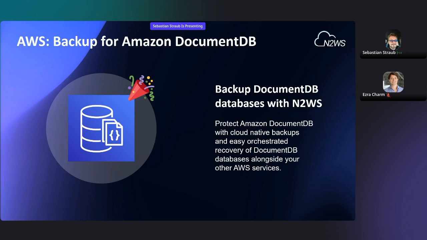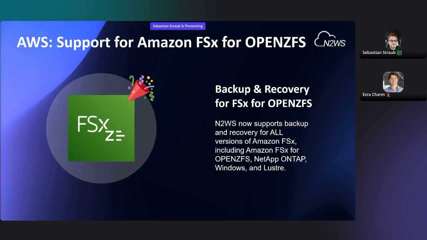The next one is support for FSx OpenZFS. Previously we already supported Lustre, Windows, and FSx ONTAP with the last release, and now we also have support for OpenZFS. It's a completely new service within FSx that we are now supporting as far as backup services are concerned.